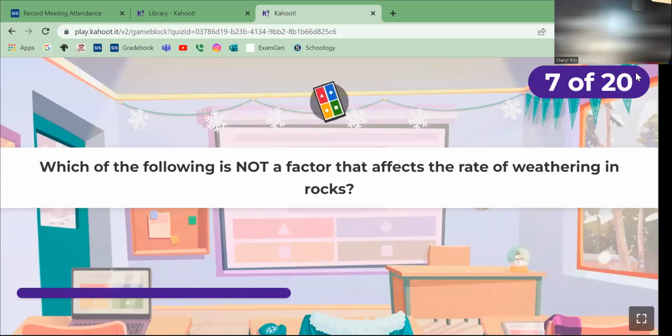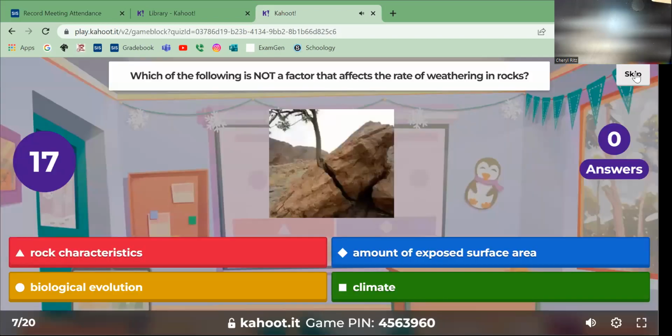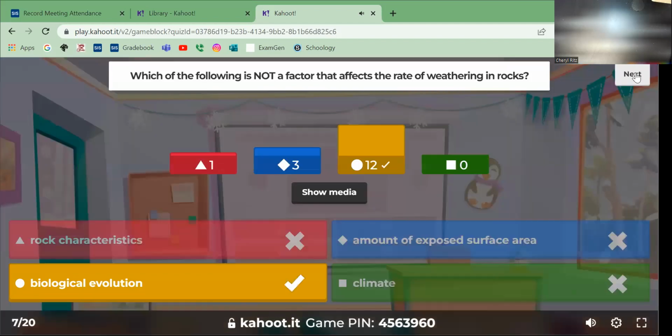Which of the following is not a factor that affects the rate of weathering of rock? Do process of elimination again. One of these does not control weathering. So rock characteristics, that's like its hardness. That's like if it bubbles with acid, that's a characteristic.